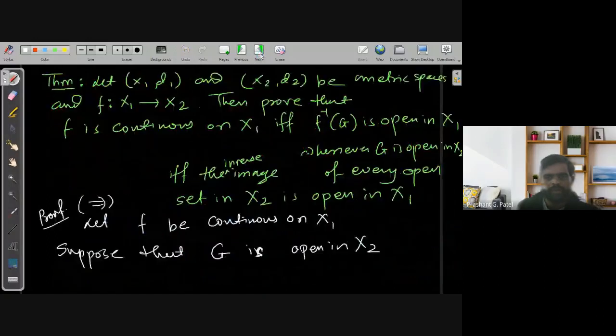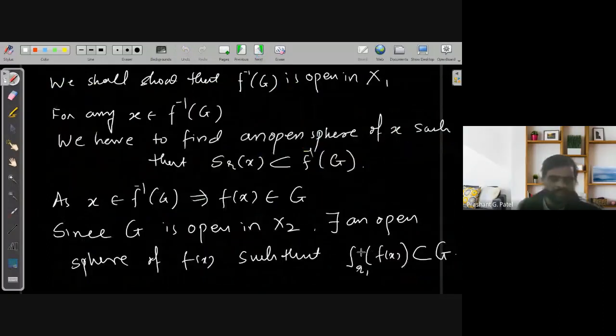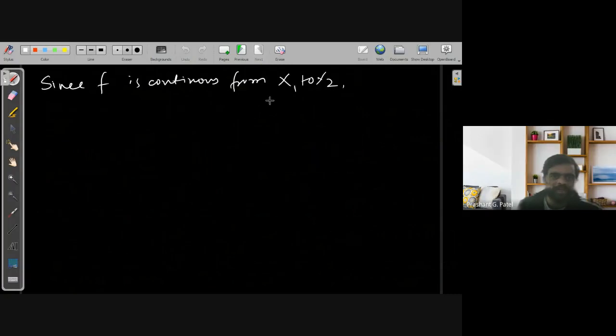It says that for every open sphere, the inverse image of this sphere will contain some open sphere of X.